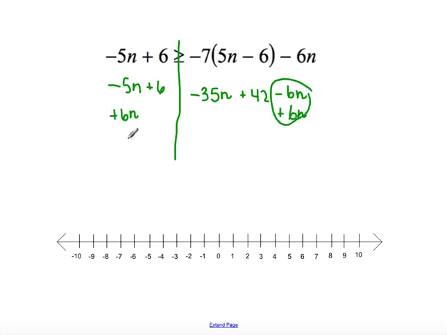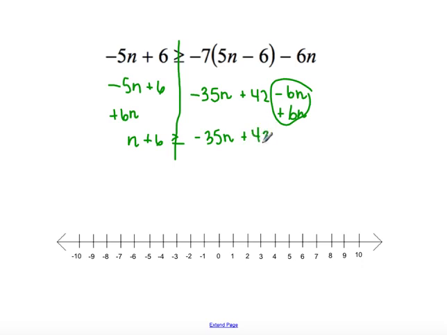So this is going to become 1n plus 6 is greater than or equal to negative 35n plus 42. I guess I could have done both n's at once, but we'll make it into 2 steps.